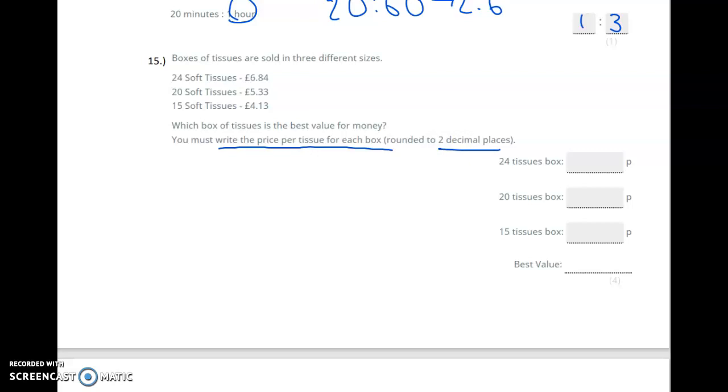If you look at the clue, the price per tissue is in pence, but all of these are in pounds. So the first thing we're going to do is change that to 684p, change that to 533p, and change that one to 413p. That's the first thing we do before anything else.